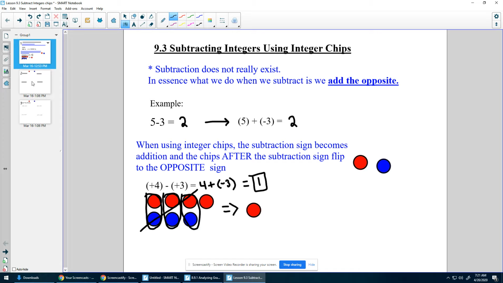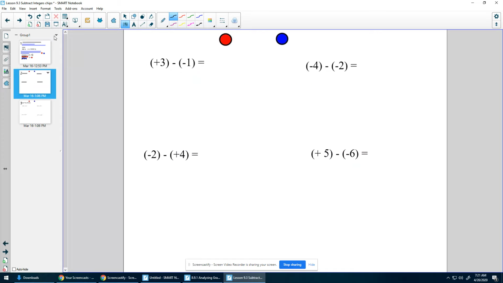All right. Moving on to a few more examples here. So here we have positive 3 minus negative 1. So again, 3, we're going to add the opposite. Opposite of negative 1 is positive 1.